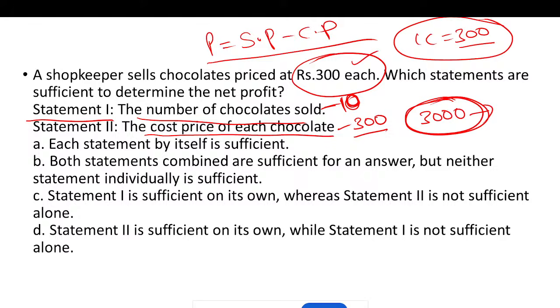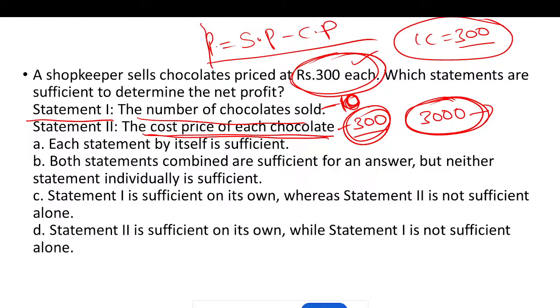Comment your answer, please. Suppose 10 chocolates are sold, each one 300 rupees. The cost price of each article is 300. But at what price they are selling, we don't know. Without knowing the selling price, how can we determine profit?